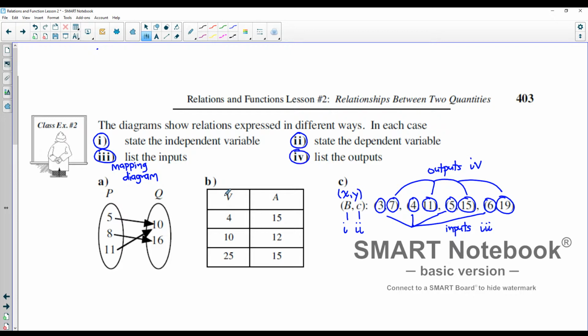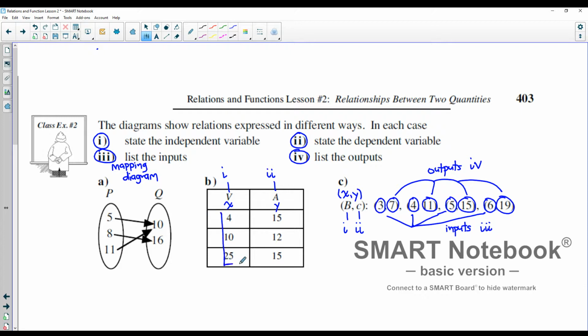Part B, whenever you're given a data table, data tables are always going to have the manipulated variable listed first. That's going to be the X value and the Y value second, just so you can write them as an ordered pair. Therefore, V here would represent the independent variable, and A would represent the dependent variable.